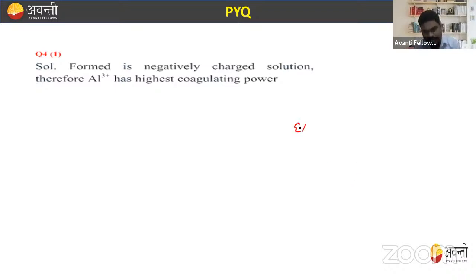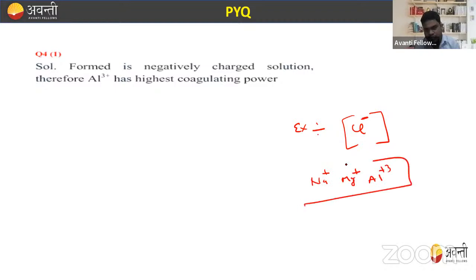I'm giving one more explanation. If someone asks, I want to coagulate chlorine negative, then you want a positive charge. So just tell me, out of sodium, magnesium and aluminium, which one is more effective?